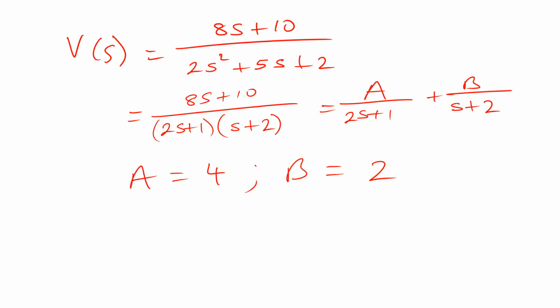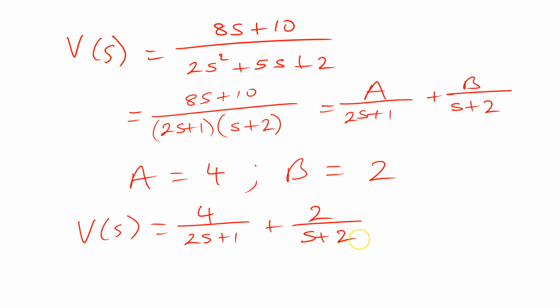Now, that would give me Vs is equal to 4 over 2s plus 1 plus 2 over s plus 2. Now I need to look in my tables and find these. Now in my tables I don't have anything with 2s plus 1, so I have to change it to the form s plus something. The coefficient of s has to be 1, like it is in this case here with the s plus 2.